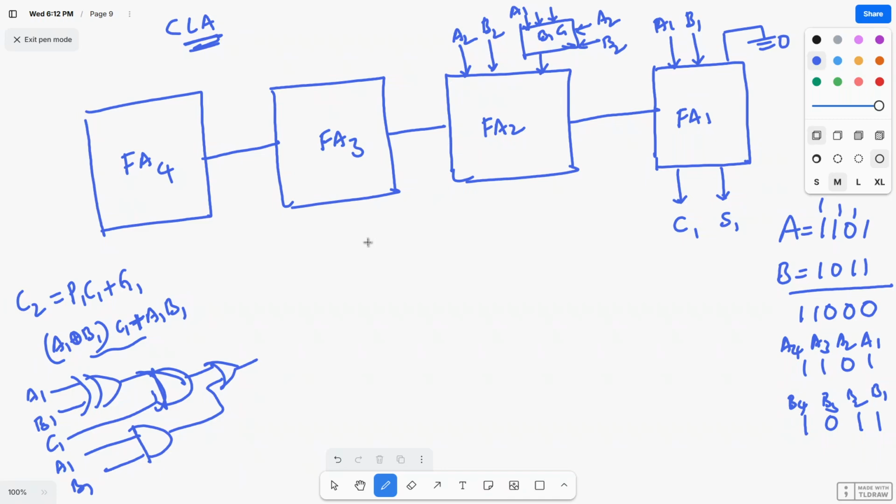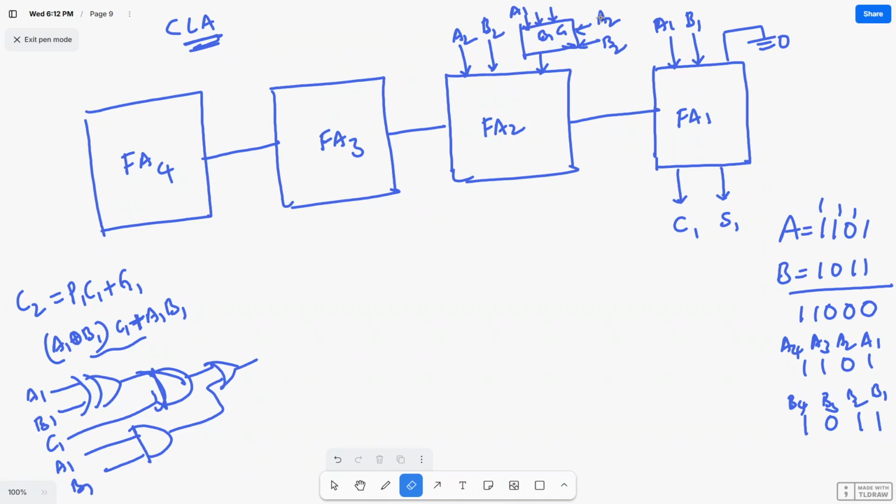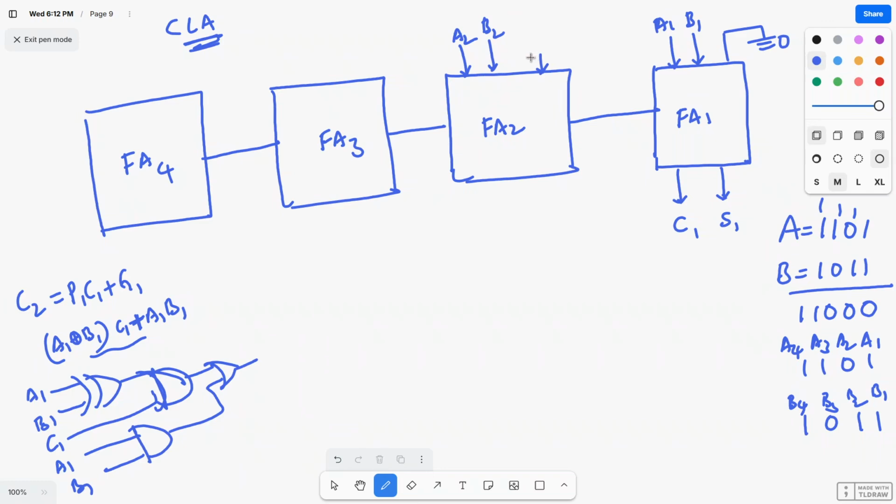Only A1, B1, C1 are the inputs of this block. Okay.